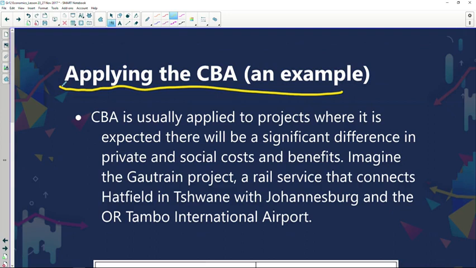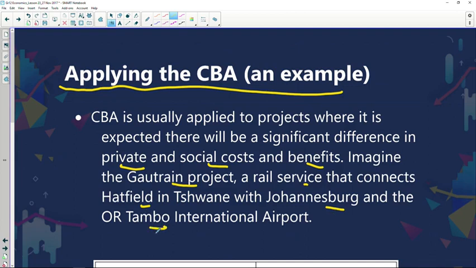So cost-based analysis is usually applied to projects where it is expected there will be a significant difference in private and social costs and benefits. So imagine the Gautrain project, a rail service that connects Hatfield in Tshwane with Johannesburg and also with OR Tambo International Airport.